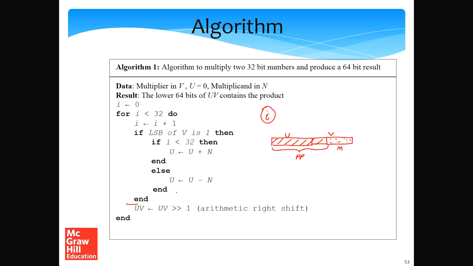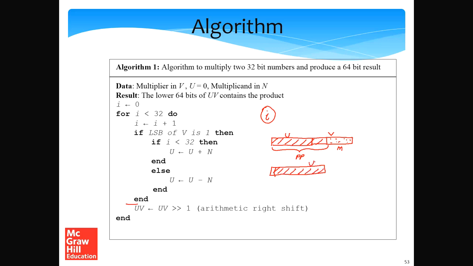Then what we do is that we shift the UV register combine one step to the right. So effectively, when we shift it to the right, we maintain the sign bit as well. But disregarding that, the partial product is pretty much contained in this fashion.